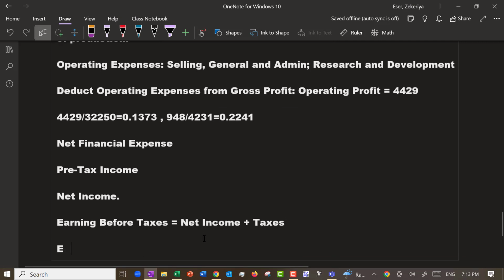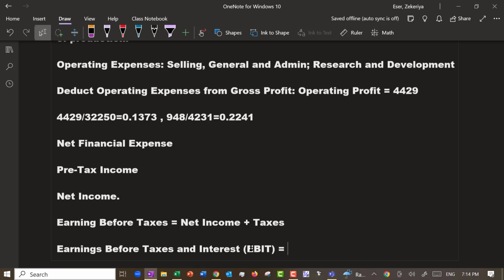We will also think about earnings before taxes and interest, which is roughly operating income. And we're going to call this EBIT. And we're going to call earnings before taxes EBT. Again, you don't have to, it just makes things easier. EBIT is basically EBT plus interest expense.